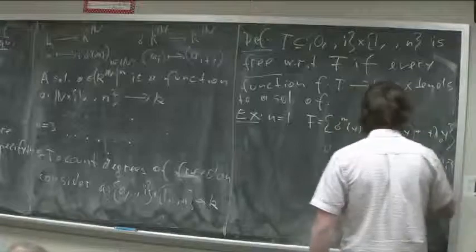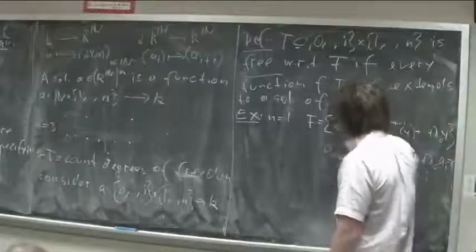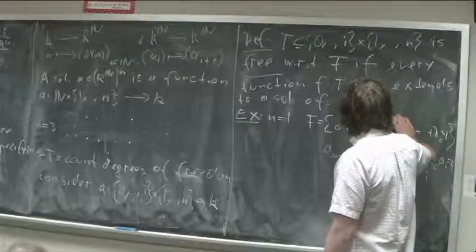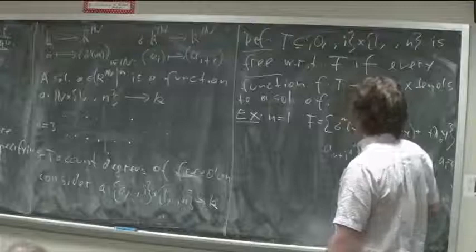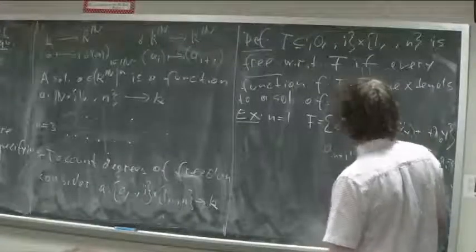So you have this for all i. That's how you think of the solutions in the ring of sequences for this algebraic difference equation.